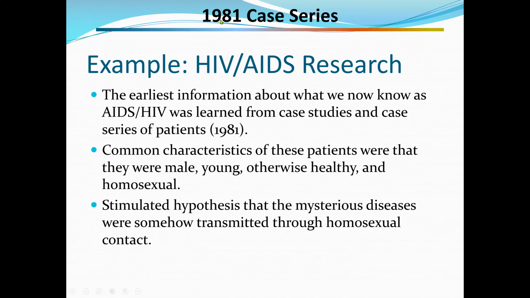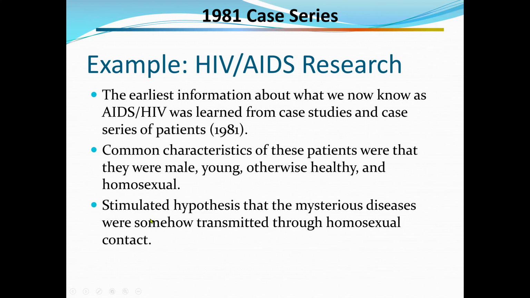Now, an example is given. This was a 1981 case series, an example of HIV/AIDS research. The earliest information about what is now known as HIV/AIDS was learned from case studies and a case series of patients in 1981. There were common characteristics of these patients: they were all male, young, otherwise healthy, and homosexual.